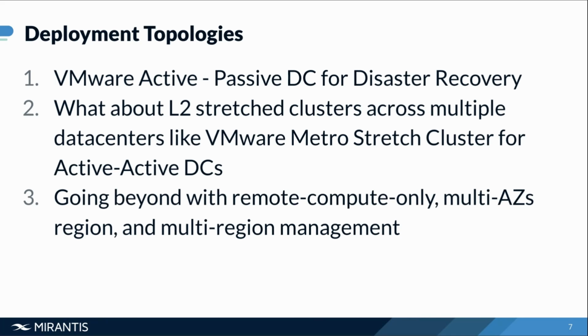So within a 20 kilometer, 30 kilometer radius of fiber connectivity, we would be able to again have some of the control plane nodes on some sites, some of the compute nodes on some sites, and some of the storage nodes on some sites, right? Some of the services are quorum based, so typically we would have an odd number of sites, so 3, 5, 7, etc., just to avoid breaking that quorum mechanism.